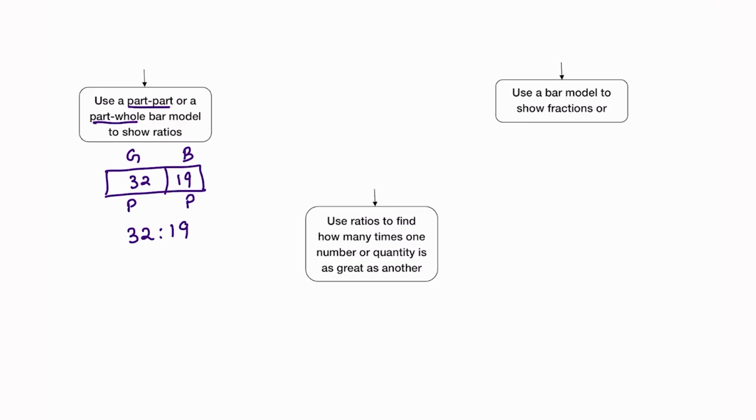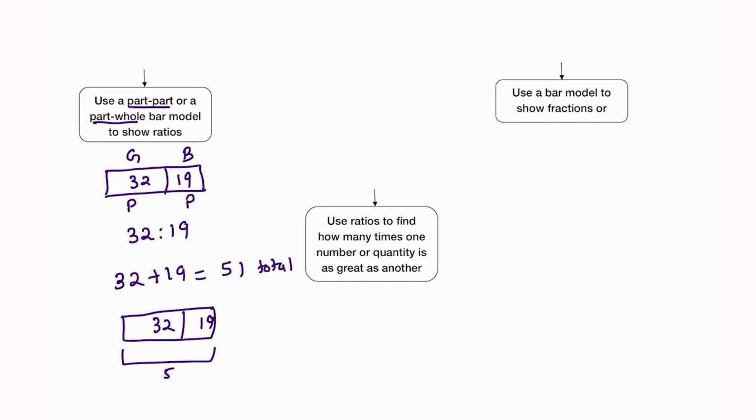Now what's the total of this? If we add both, 32 plus 19 gives us 51. That's the total, right? So we have the part-whole model. That's 32, that's 19, and we write the total as 51. How do we represent part-whole? This is girls and that's boys.